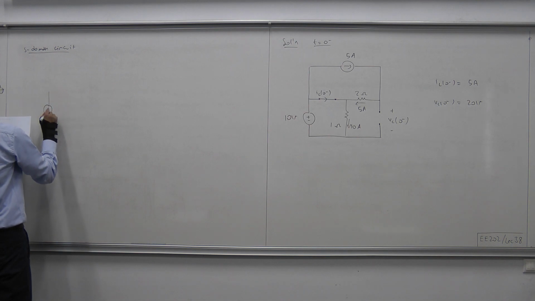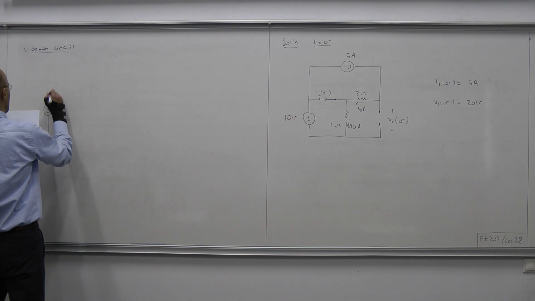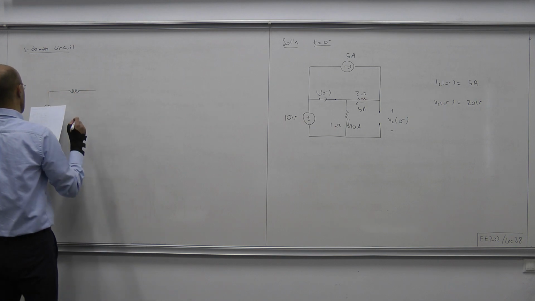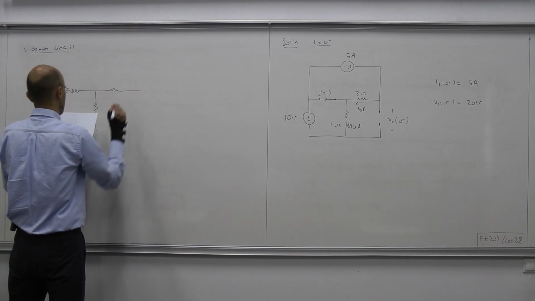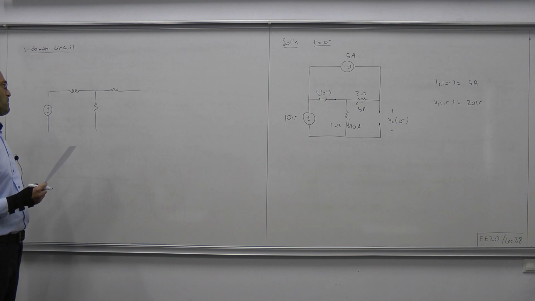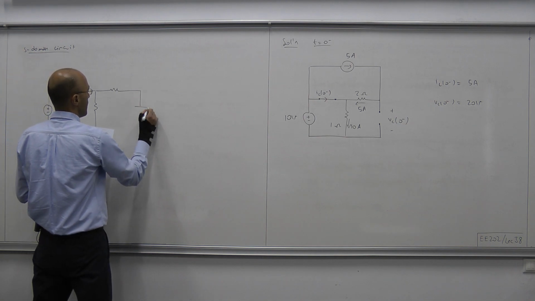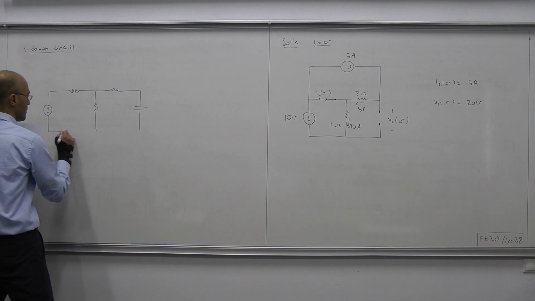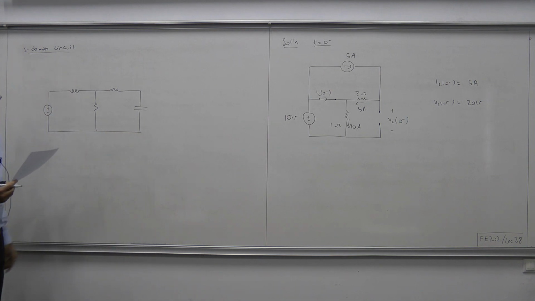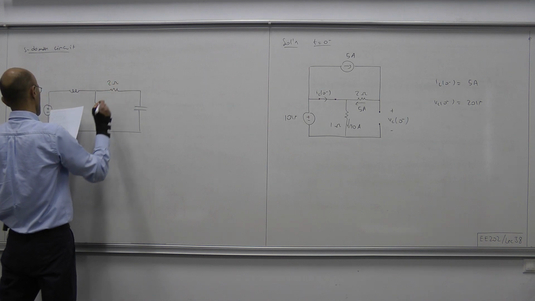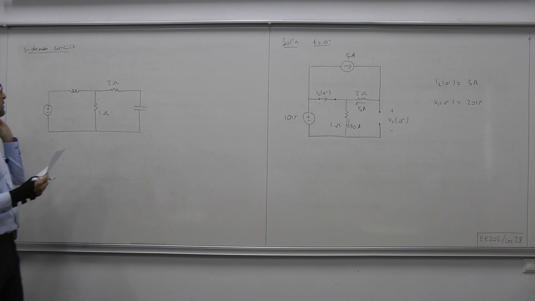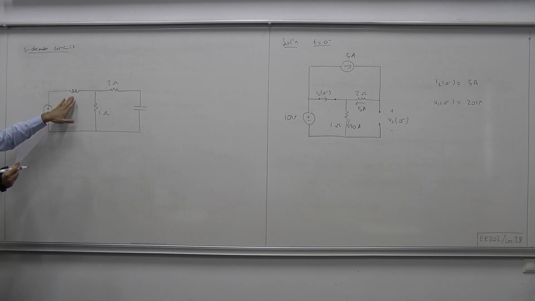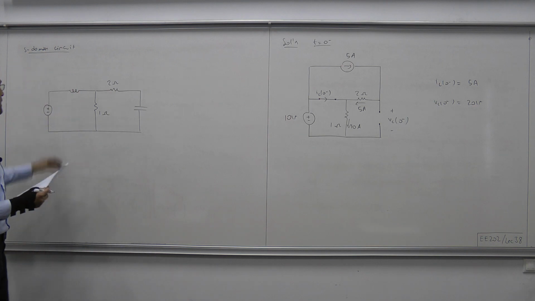Here we have the 10 volt voltage source, then the inductor, here the 1 ohm resistor, then the 2 ohm resistor, and here our capacitor. This is our time domain circuit, 2 ohm and 1 ohm, and from it we will obtain the S-domain circuit. This was a 2 Henry inductor, therefore its impedance is 2S.